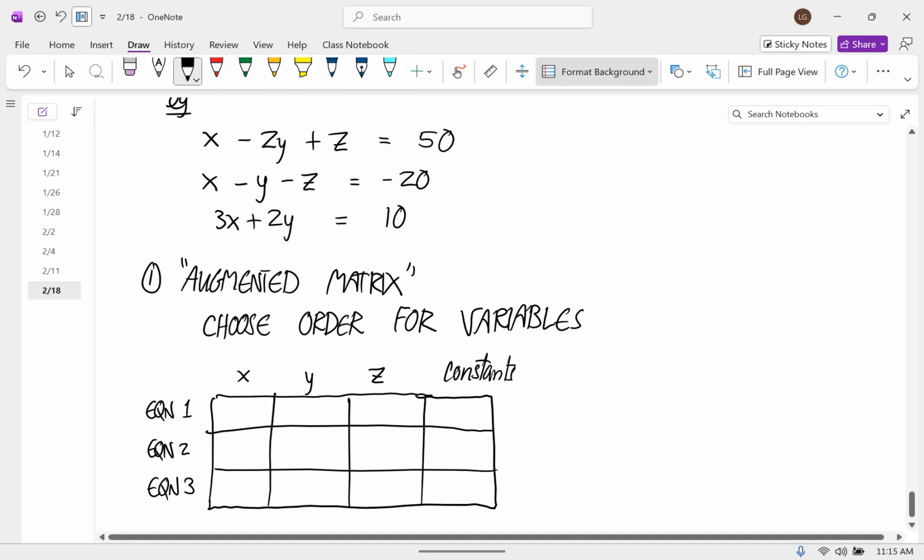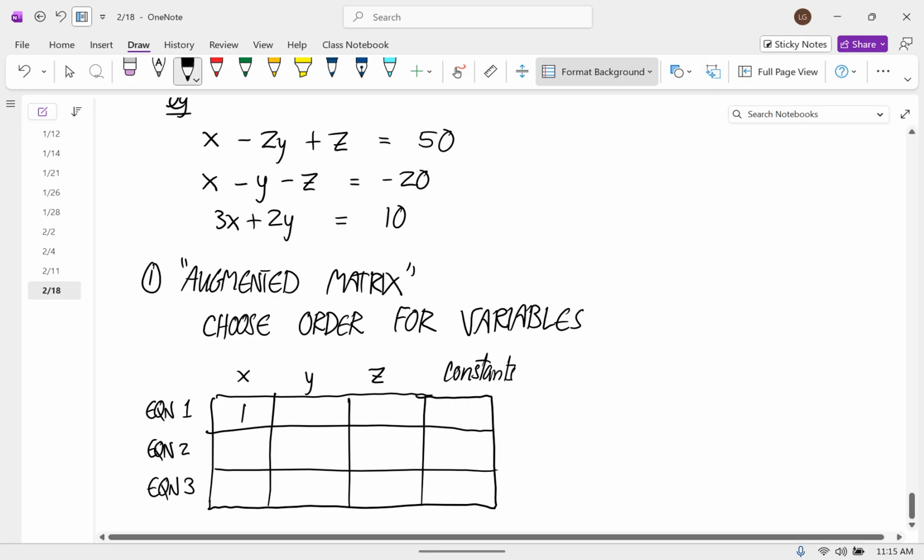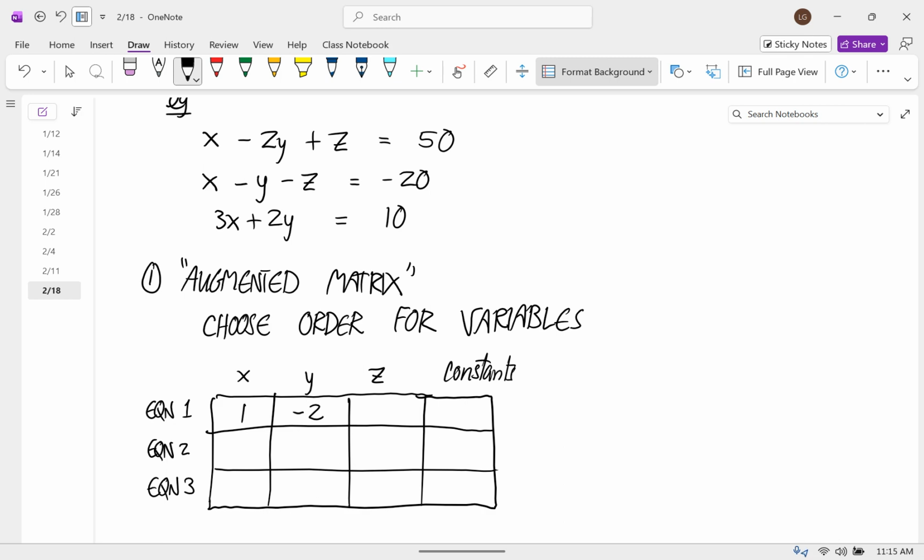Now we're just going to put the coefficients of the variables in the spots. So for equation 1, my x has a coefficient of 1, my y has a coefficient of negative 2, z has a coefficient of 1, and the constant is 50.